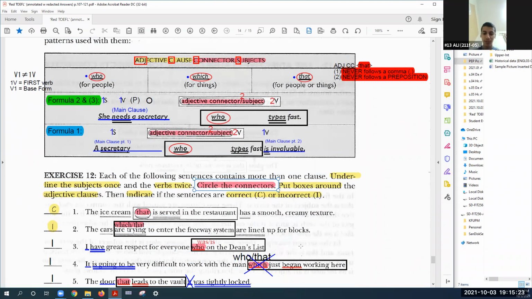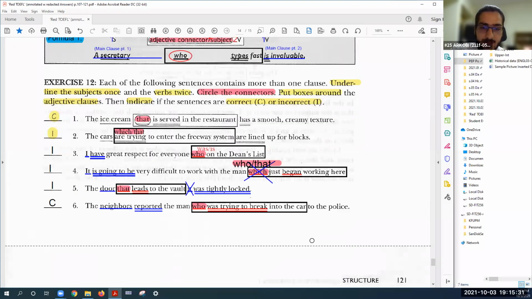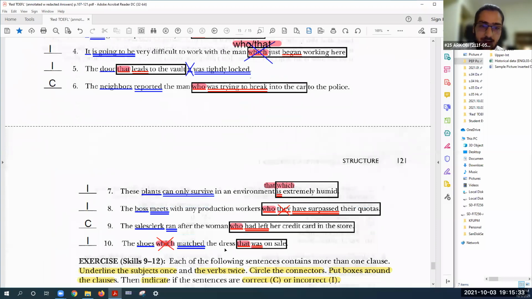Let's see. Can you hear me now? Yes, I hear you now. Go ahead and speak. In the last question, can I delete that instead of which and say it as, the shoes which match the dress were on sale? That's possible, sure.